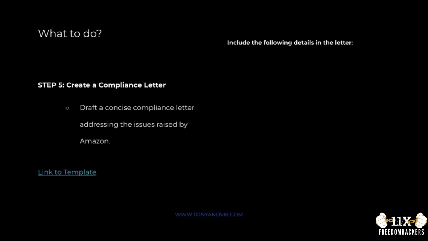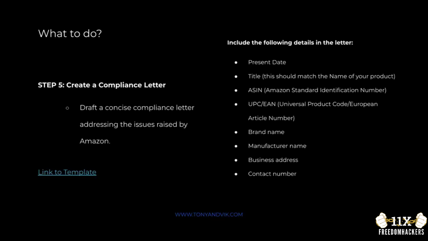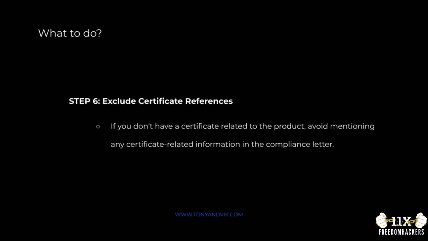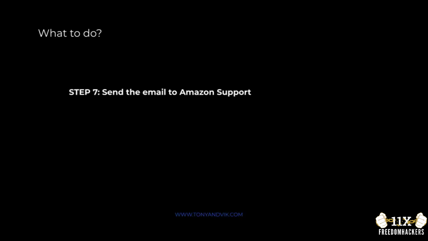What we actually need to include in this, typically called the plan of action, is the date, the title matching the name of the product, the Amazon Standard Identification Number, the UPC code, brand name, manufacturer name, business address, contact number, and then signature of an authorized representative. This means you as the business owner. And then we basically just send this to Amazon.